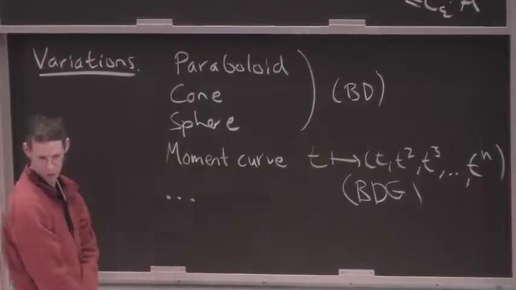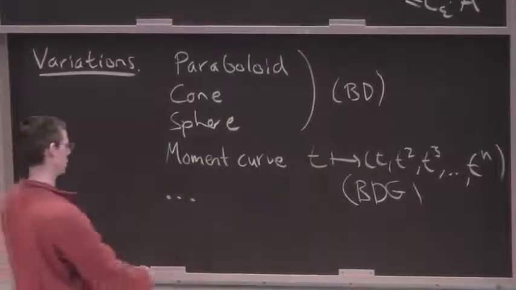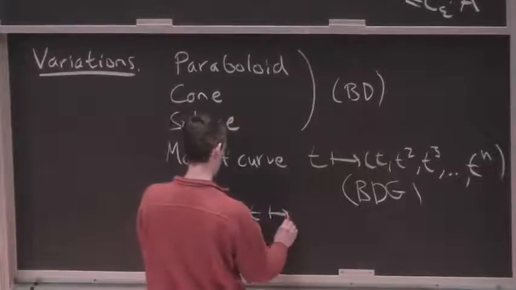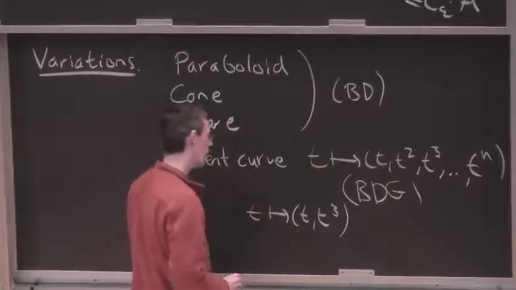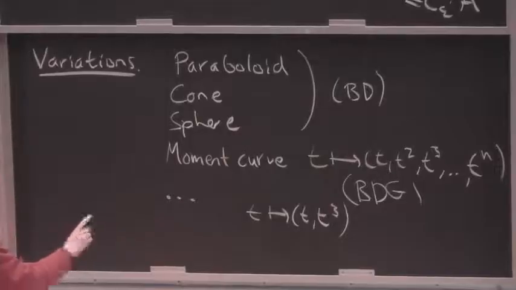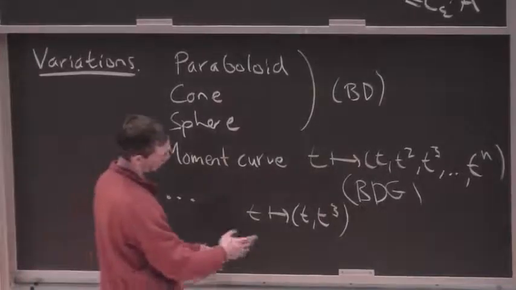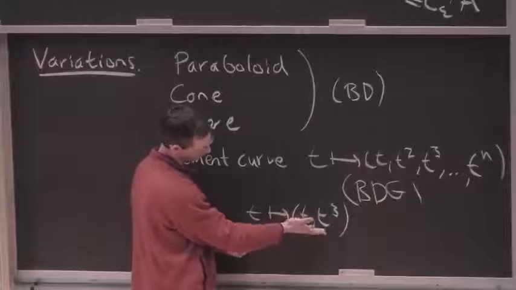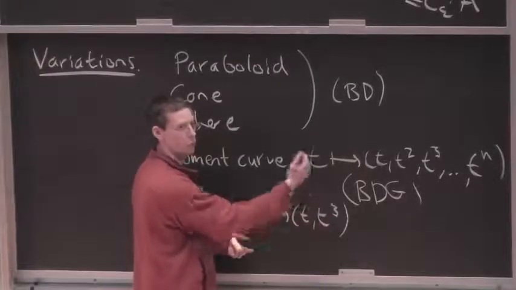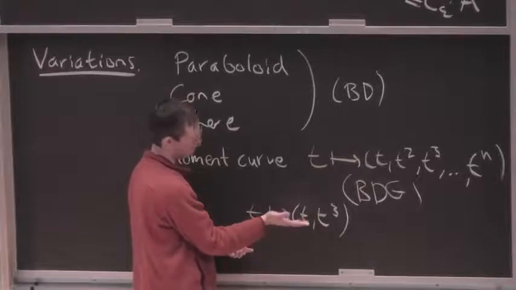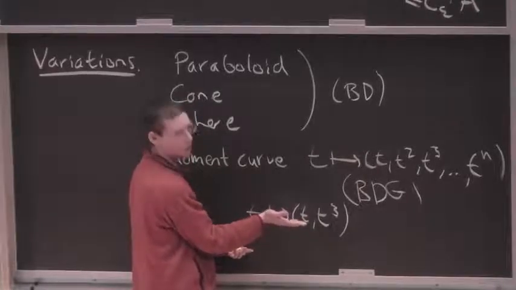Yeah, so you could ask what would happen if we looked at the curve t goes to t comma t cubed, something like this. And so this is also understood, and there's a part near 0 which is extra flat, and then there's a part far from 0 which is curved and looks more like a parabola. And there are some special considerations in the part that's close to 0.